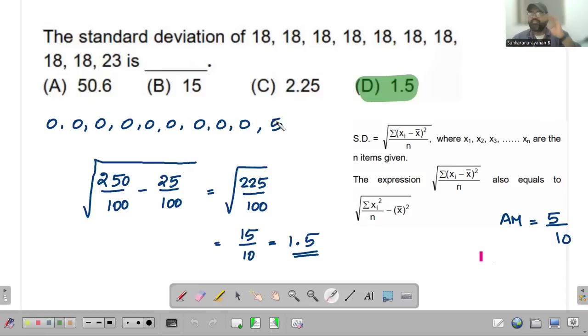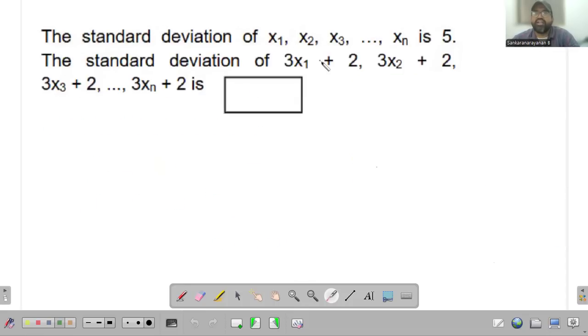Only a constant number I subtracted from each and every single observation. Standard deviation didn't change. The standard deviation of this and the standard deviation of this are actually one and the same. So by the same logic, this plus 2 that I have presented here is not going to have any impact on standard deviation.